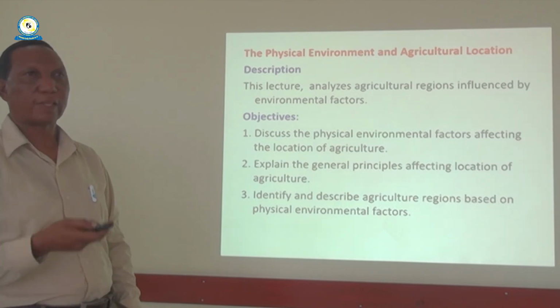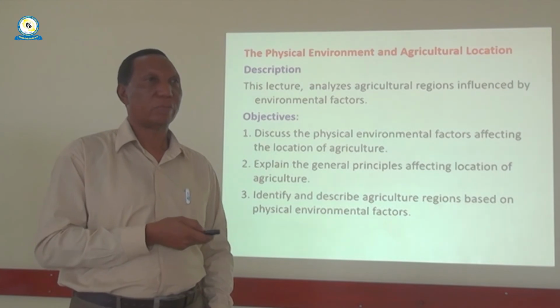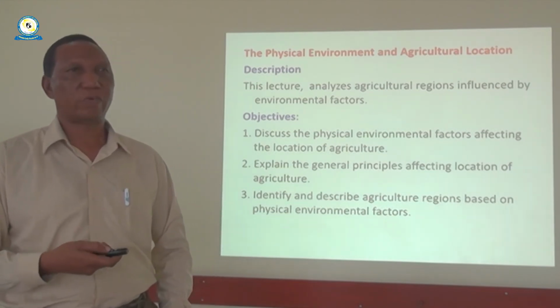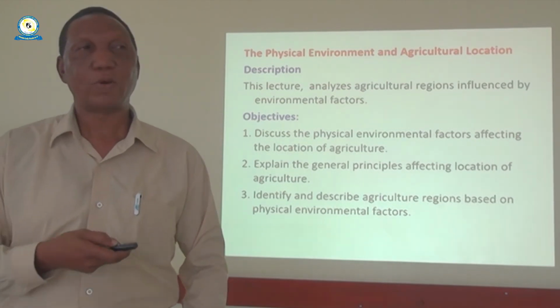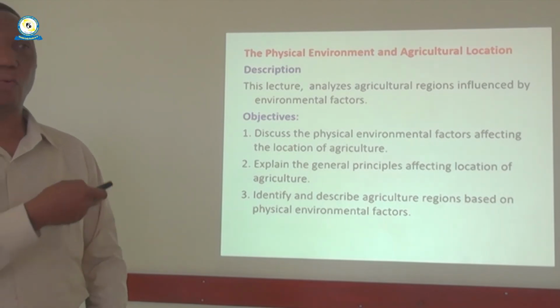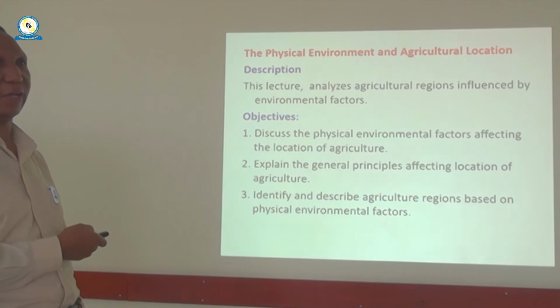As I said before, even in human geography, which was taken over by modern geography, it is still there. When you go to regional geography, is where you can see how the environment influences agriculture.